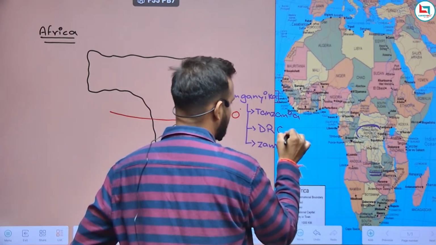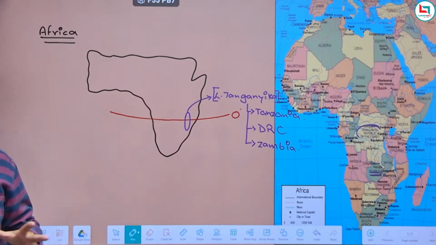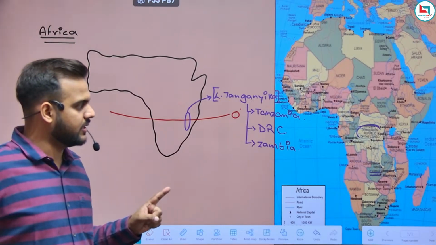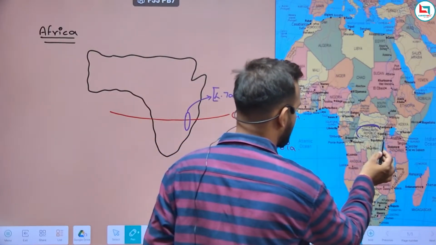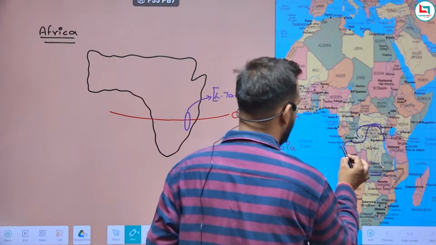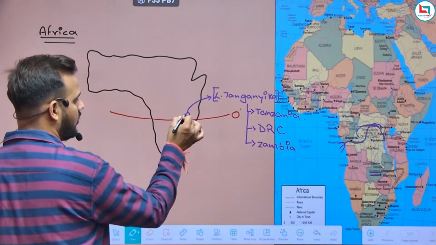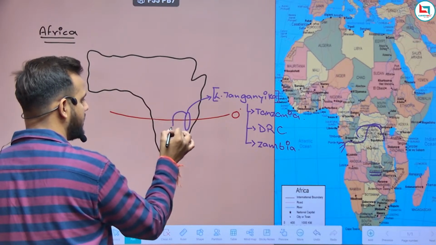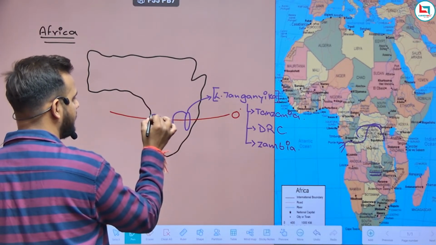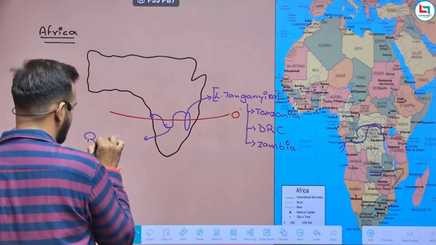From this particular lake originates the next major river, which is known as River Congo. It passes through only one country, the Democratic Republic of Congo. This is the river Congo.